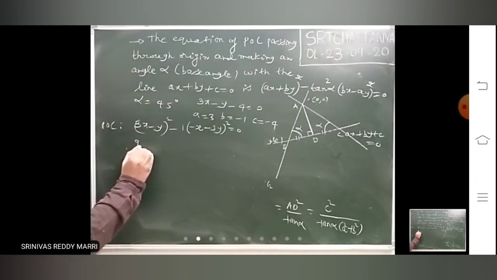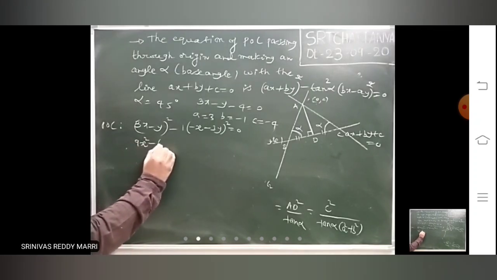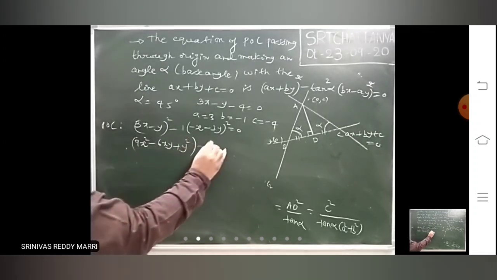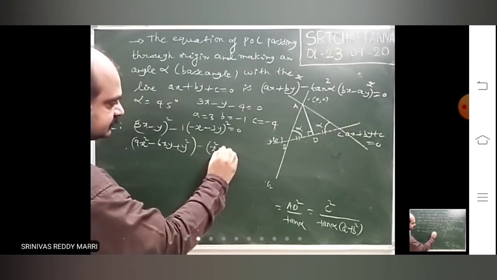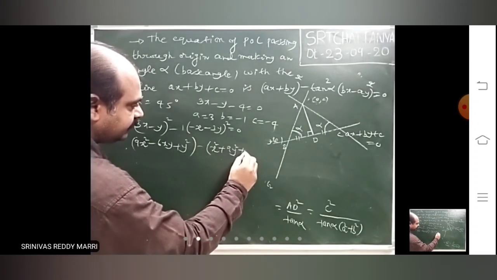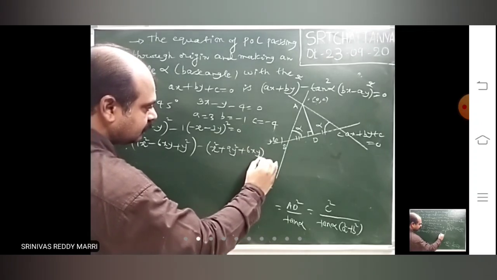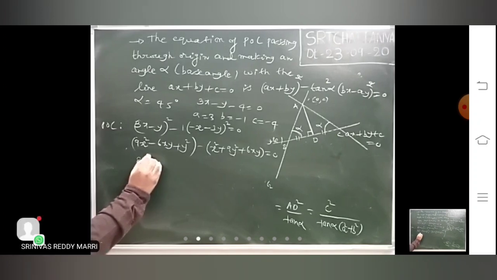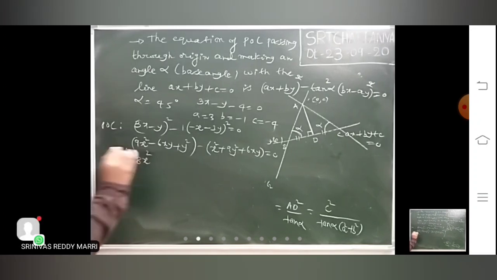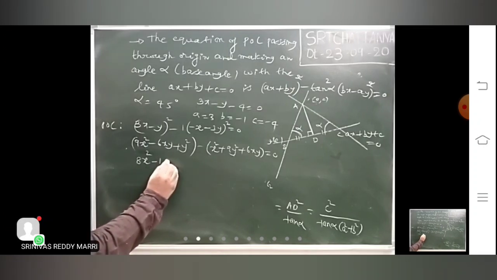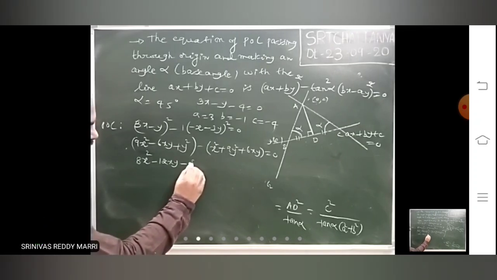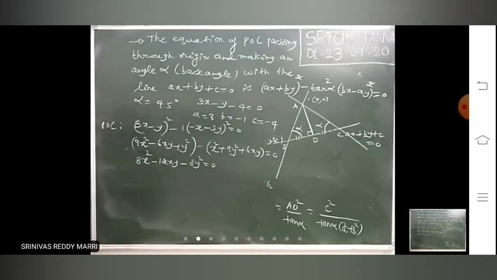Expand this. 9x square minus (x square plus 9y square plus ...). So that means you will get 8x square minus 12xy minus 8y square.